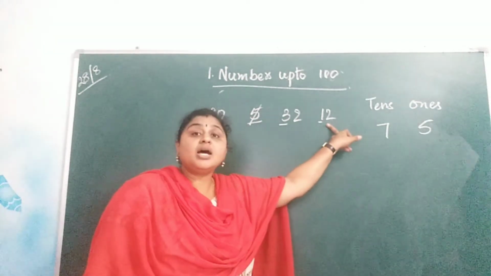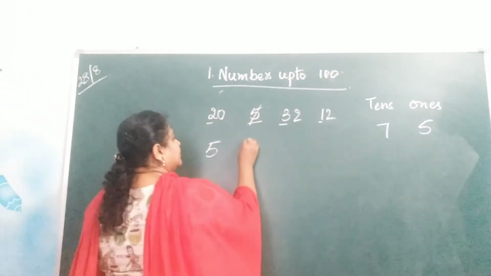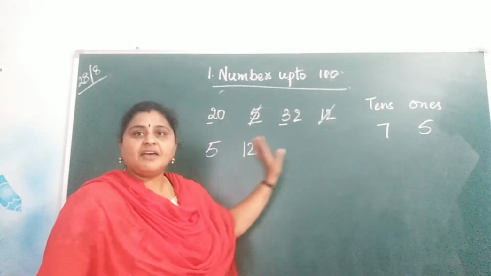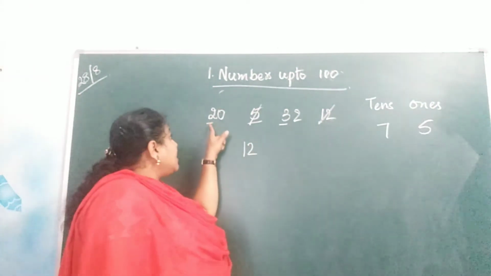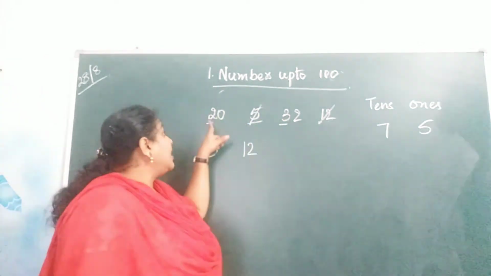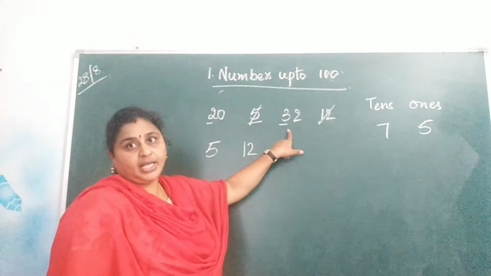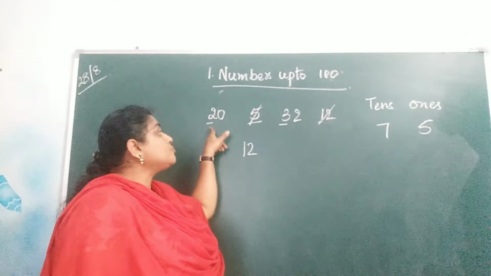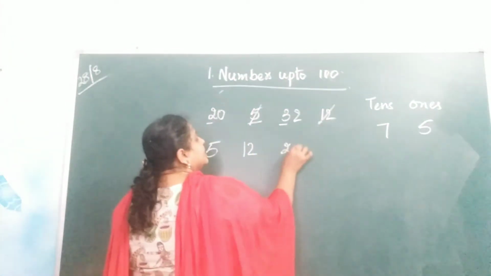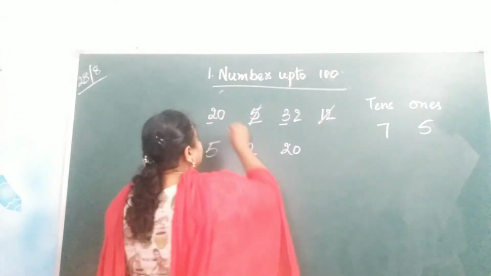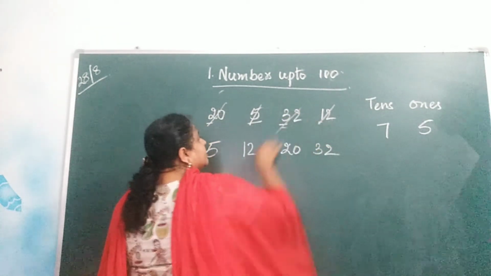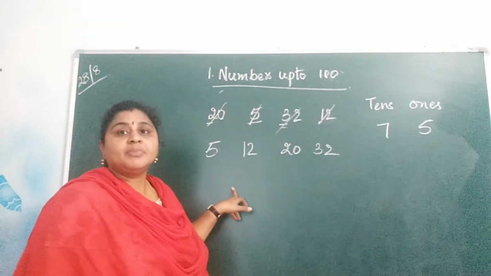So what is the number? 12. Now I have written 12. I strike out 12 because already I have listed out. Next left over with 20 and 32. So what are the digits that I have underlined? 2 and 3. Alright. 2. It means I have arranged all the 4 numbers.